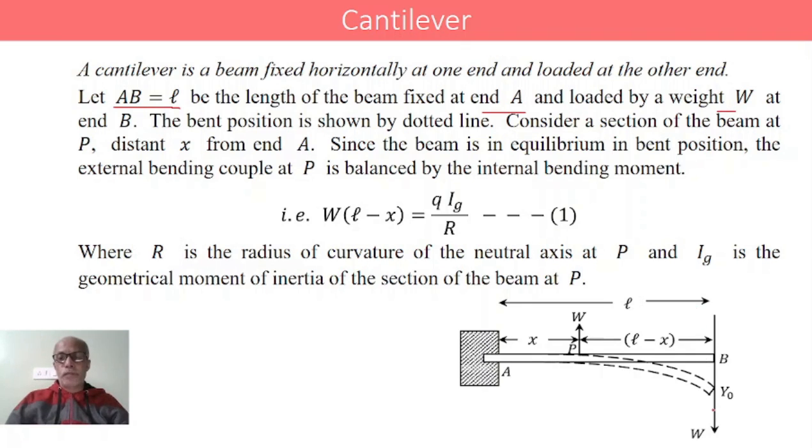Due to the load, the cantilever bends, and that bend position is shown by the dotted line you can see here. Let us consider a section of the beam at point P, which is at a distance x from the fixed end.